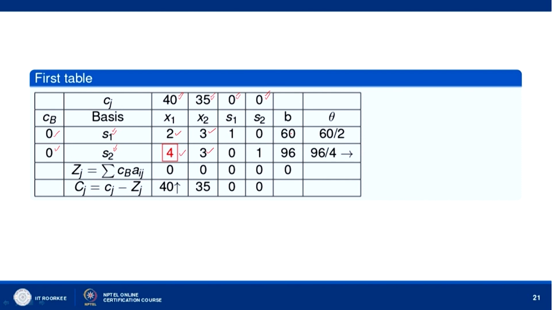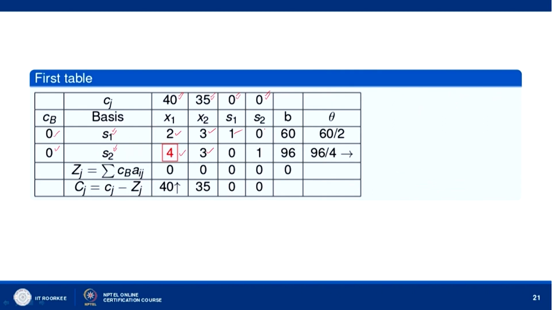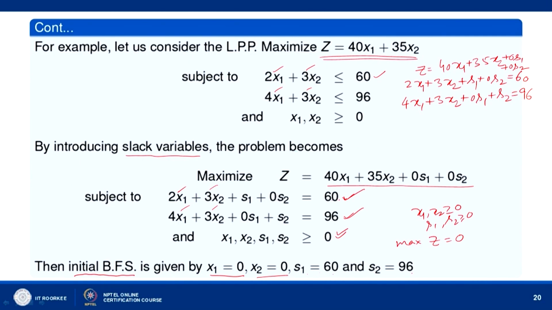So, 2 3, 4 3 is the body matrix, and 1 0, 0 1 is the unit matrix. And this is the B column. The B column contains the constants B1, B2.